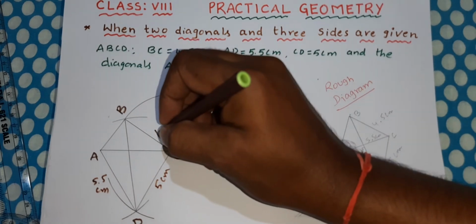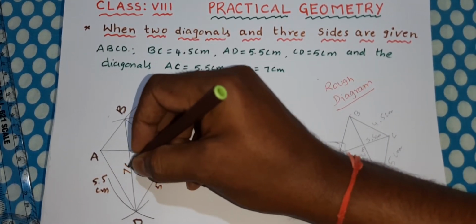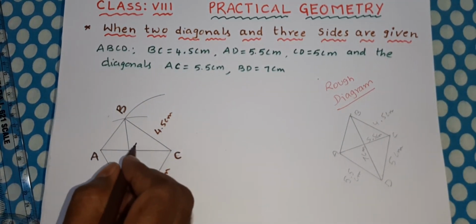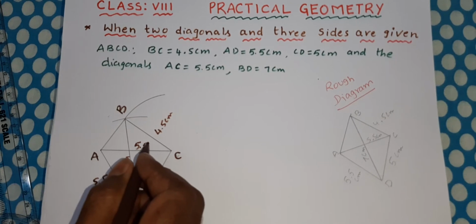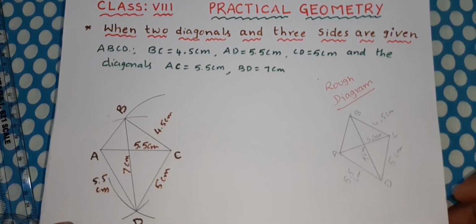BC is 4.5 centimeter, this is 7 centimeter, and AC is 5.5 centimeter. This is clear, children? This is the required construction of ABCD when two diagonals and three sides are given. Right, children?